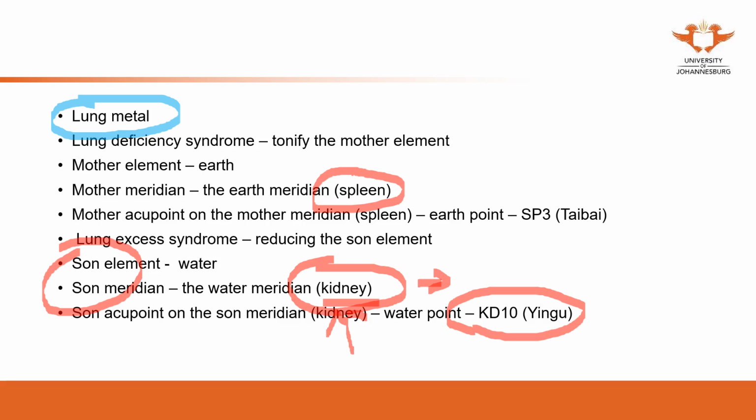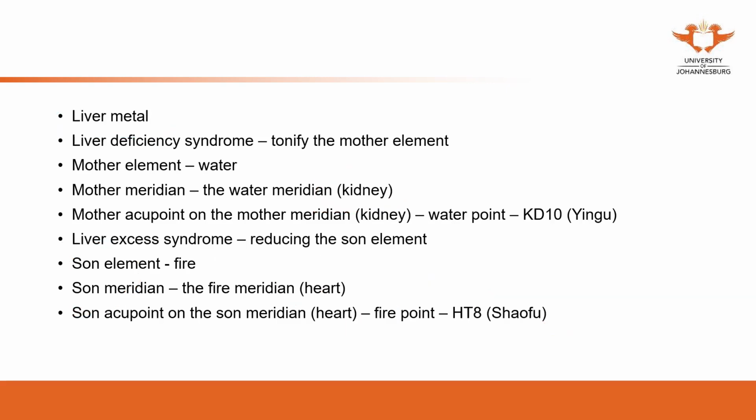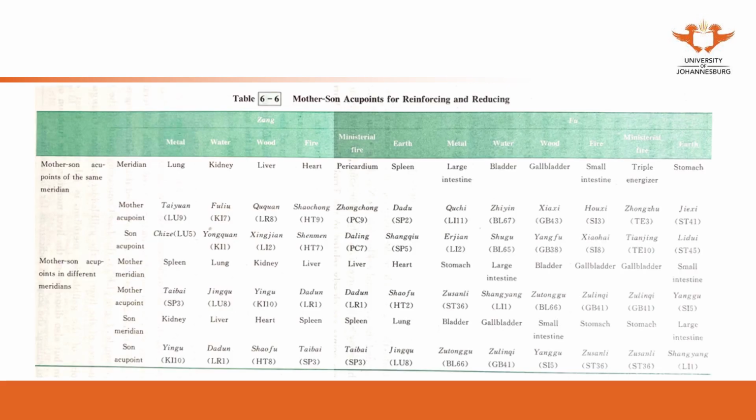So this is one of the most common applications of the 5 Shu points. The liver, you're going to go through by yourself. I'm not going to discuss it again. You can just go through, try to think about the logic behind the choices. As you can see from the previous slides, I changed the category here because your textbook makes mistakes.